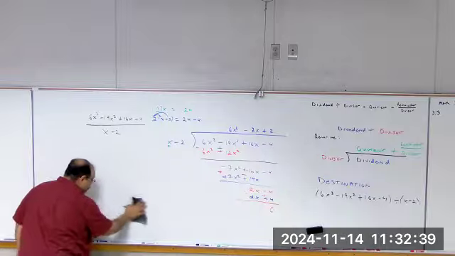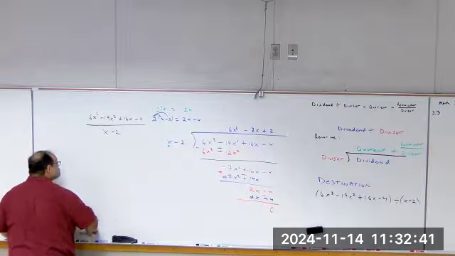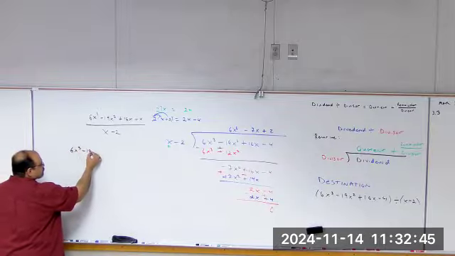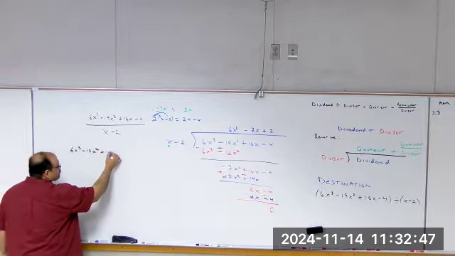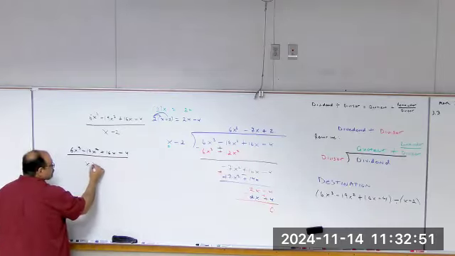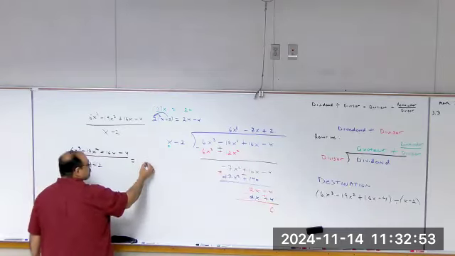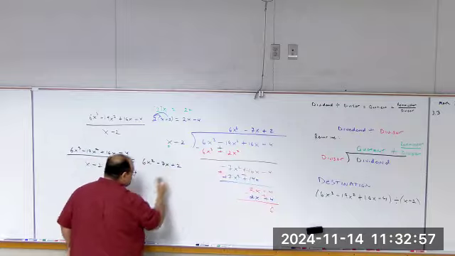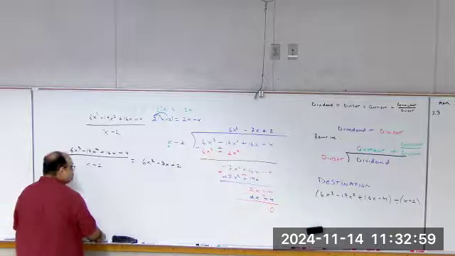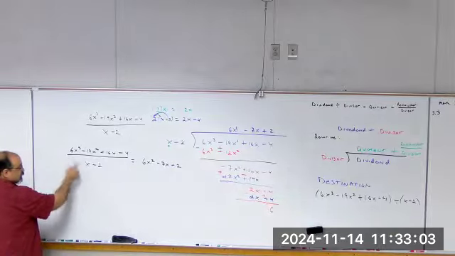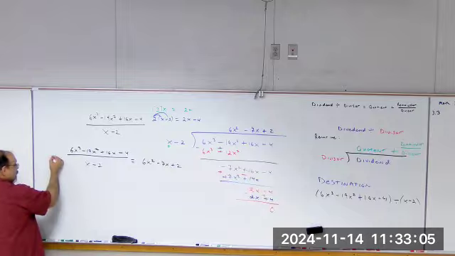Which brings me to one more little piece. x minus 2 goes into this evenly, so x minus 2 is a factor.